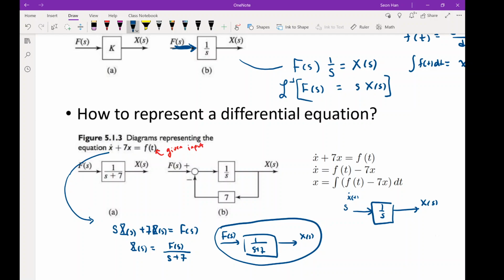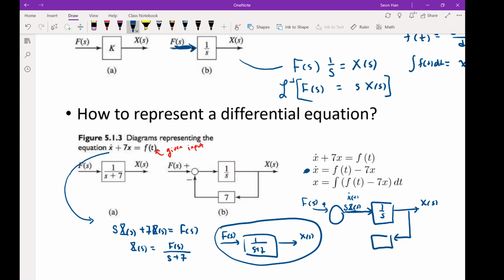In the s domain, this is s times x of s. That's the name for the signal. This is the x dot. So now, what does the second equation say? This equation says x dot is a summation of two things. One of them is f of s, plus, and then you have to subtract 7 times x.